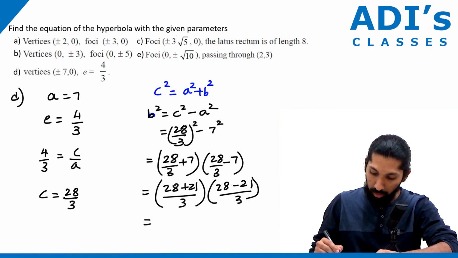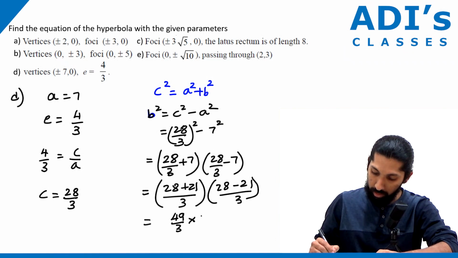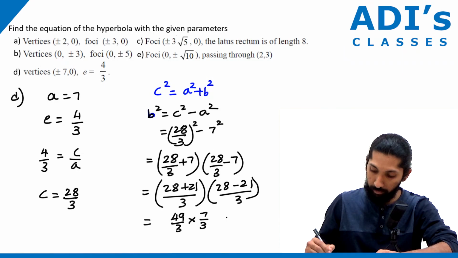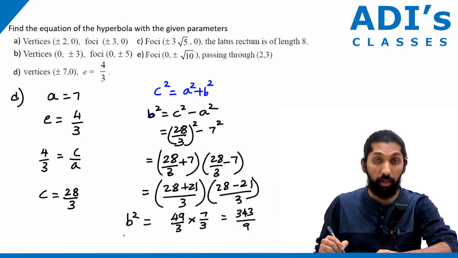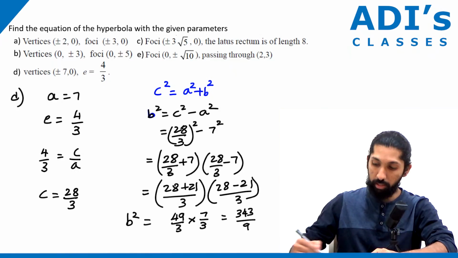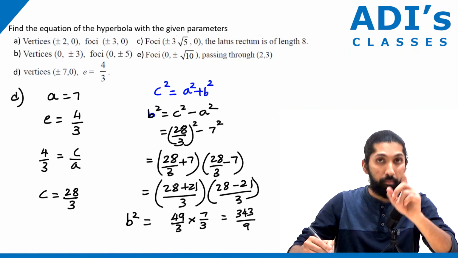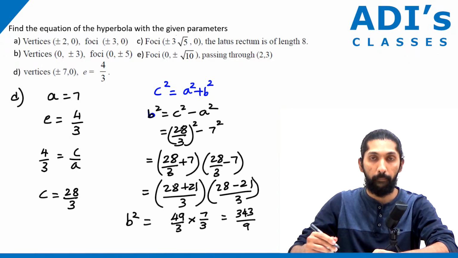So if you do this, you're going to get 49 by 3 into 7 by 3, which is 343 divided by 9. Remember, this is the value of b square, not b. Now what is the equation? x square by a square minus y square by b square. It's a transverse hyperbola, isn't it?